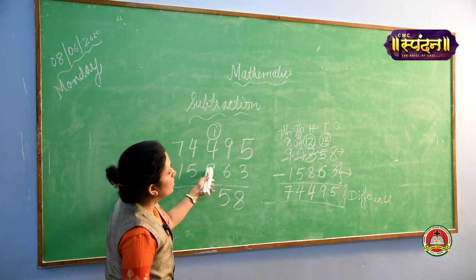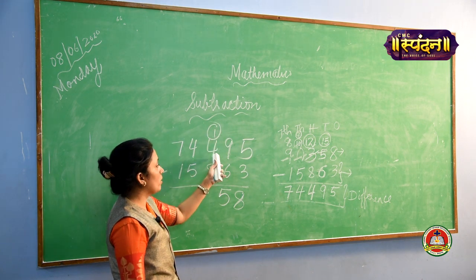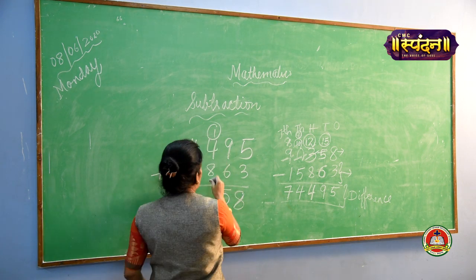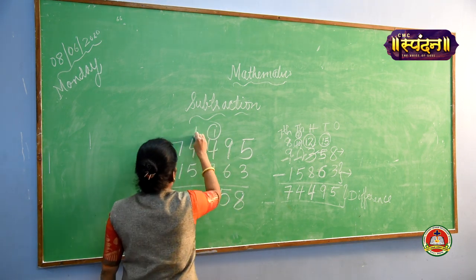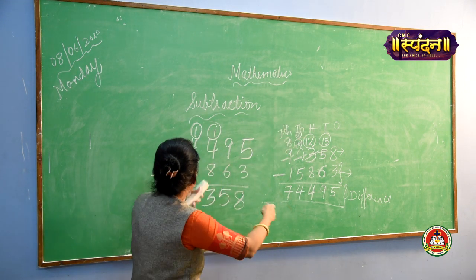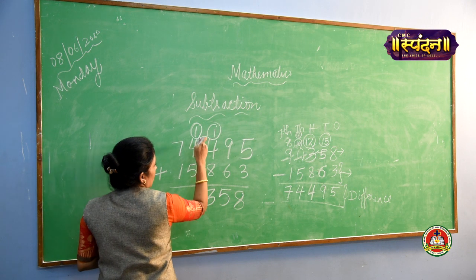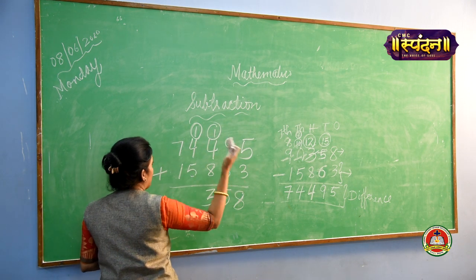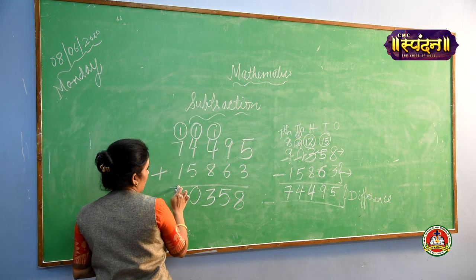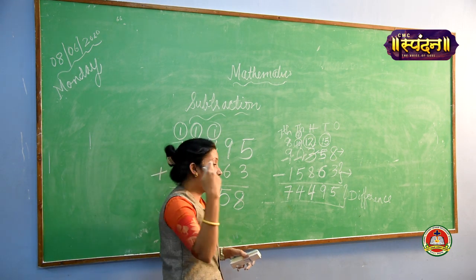Then 8 plus 4, 9, 10, 11, 12, plus 1 is 13. Yes, carry over 1. 5 plus 4 plus 1: 5 plus 4 is 9, 9 plus 1 is 10. 7 plus 1 is 8. 8 plus 1 is 9.